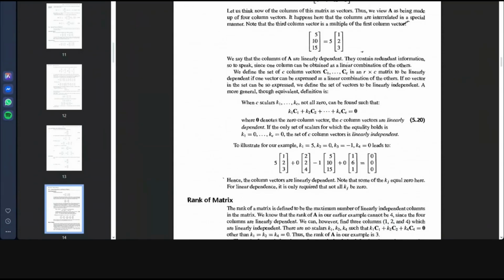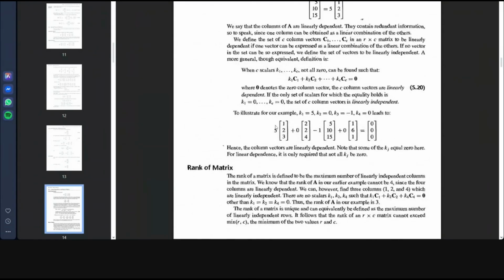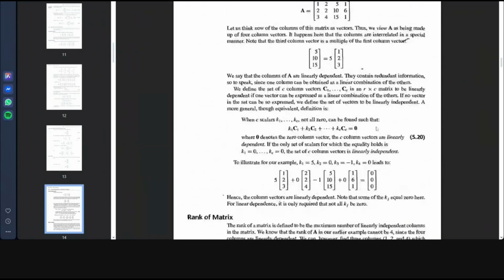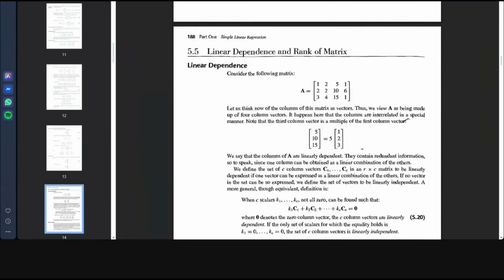So for example, if you look at an alternative, this is just a slide. If you look at this, you can see that 5 times this vector minus this other vector produces the 0 vector, which tells you that this set of vectors is not linearly independent. So then, what is the rank of a matrix? The rank of a matrix is the maximum number of linearly independent vectors that you can generate from those columns.